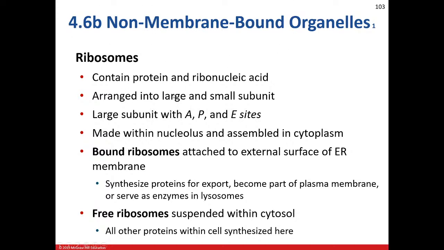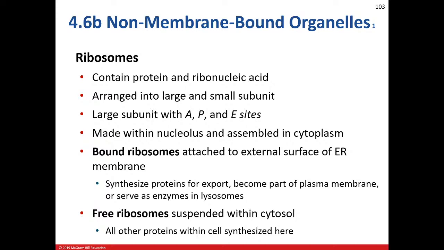Ribosomes are arranged into a large and small subunit. Basically, there's a big part and a small part, right? The large unit has A, P, and E sites, all right? And we said before that when we copy a gene so that we can turn it into protein, we make the copy in RNA. That's called messenger RNA or mRNA.